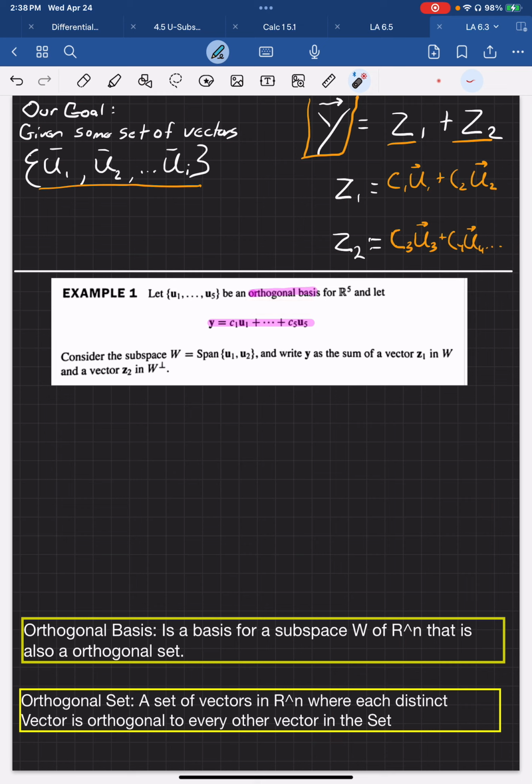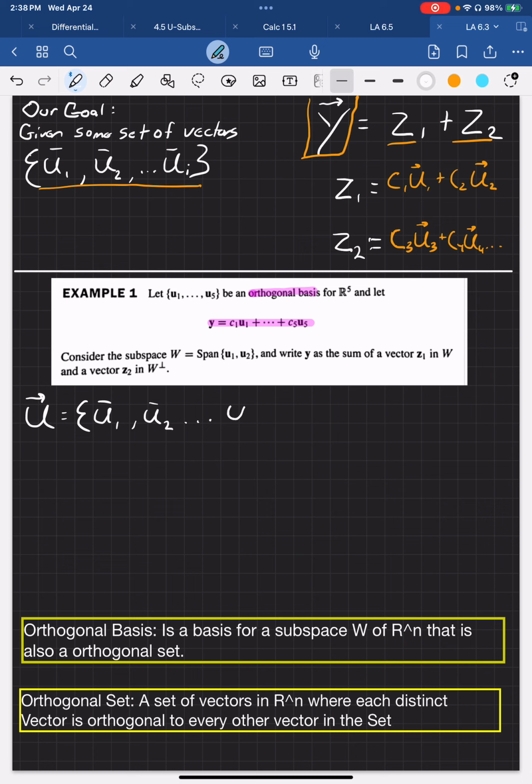So we have a set of vectors, right? Let's take this piece by piece. So U is a set of vectors: u1, u2, all the way to u subscript 5. Okay, that's a set of vectors. Now, think about it for a second.